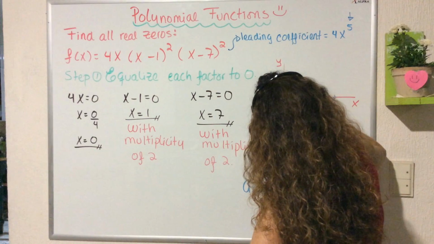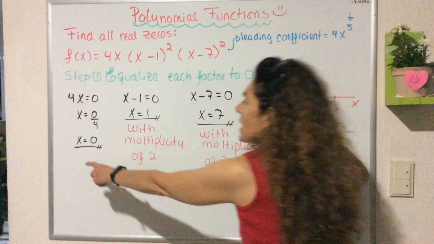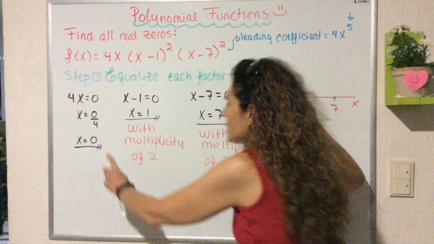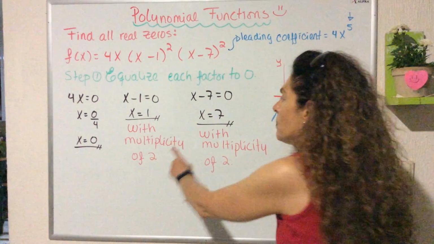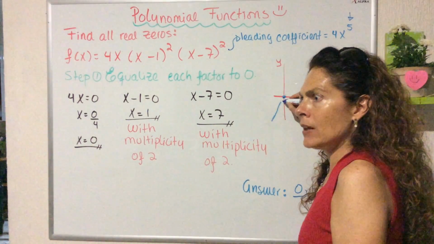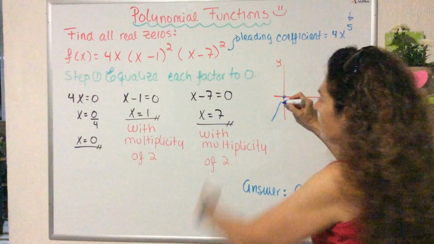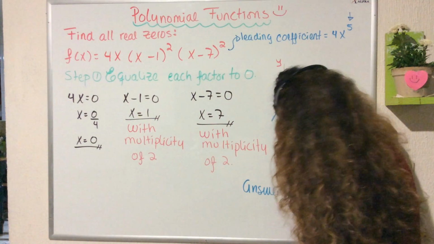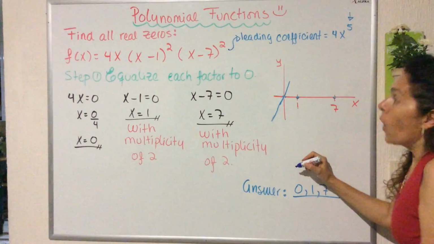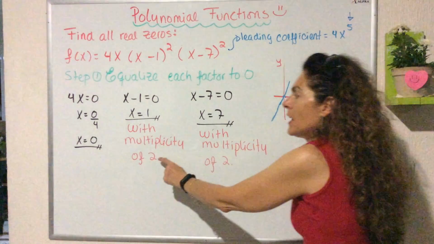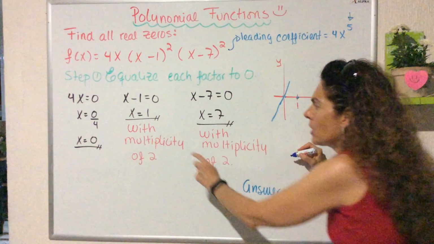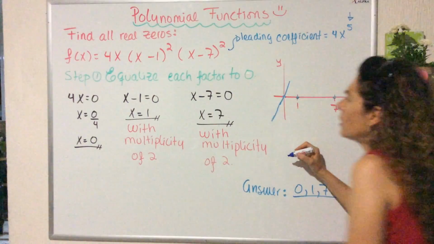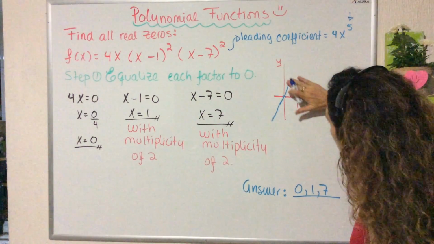And then as this x appears just once, when the multiplicity is an odd number, the graph is going to cross the x-axis like this, okay? When the multiplicity is an even number, careful, this is important, it is going to bounce, remember?